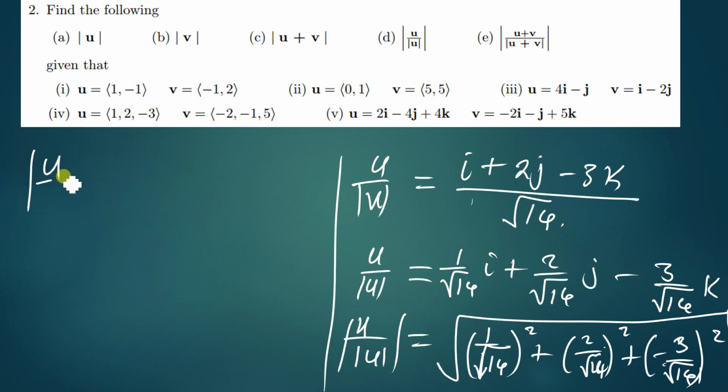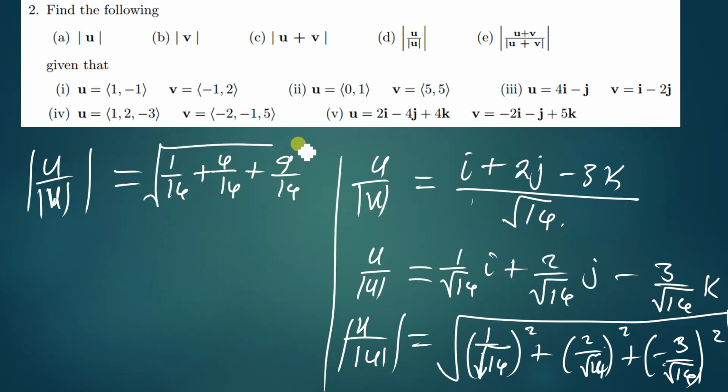So the magnitude of the unit vector in the direction of u is therefore going to be equal to the square root of: 1 squared gives us 1, the root of 14 squared gives us 14, plus 2 squared gives us 4 over the root of 14 squared which gives us 14, plus 3 squared gives us 9 over the root of 14 squared which gives us 14.